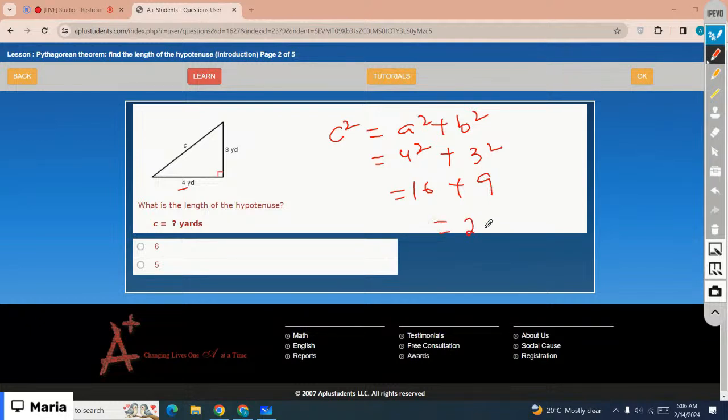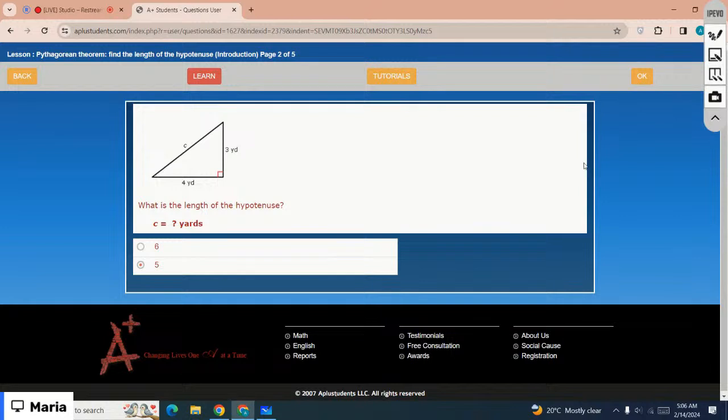So 16 plus 9 is 25, that is c square. You have to square root both sides because you need to find the value of c only. So c equals 5. The correct option is c equals 5.